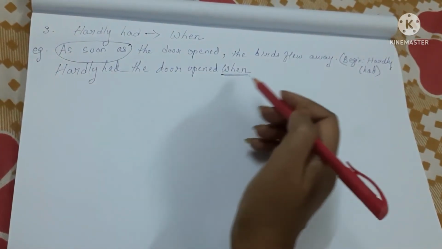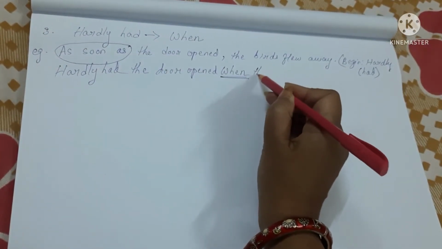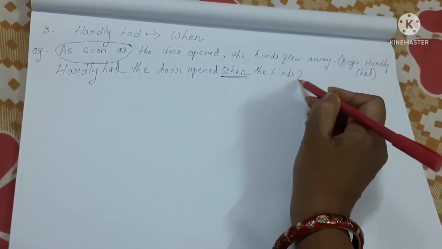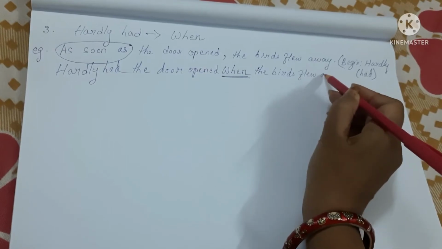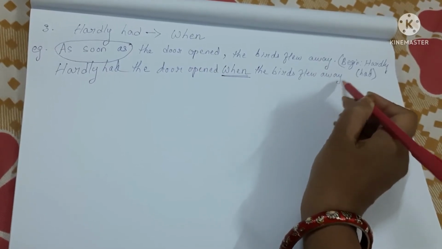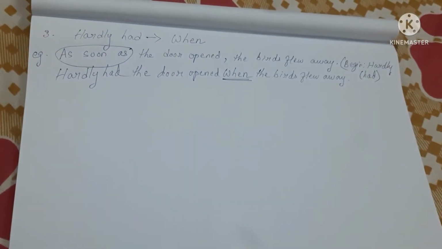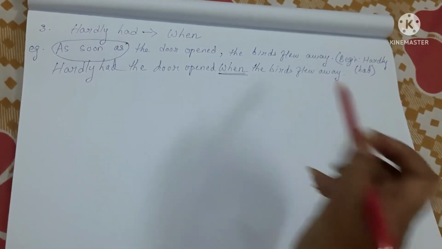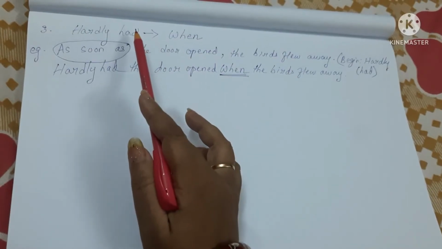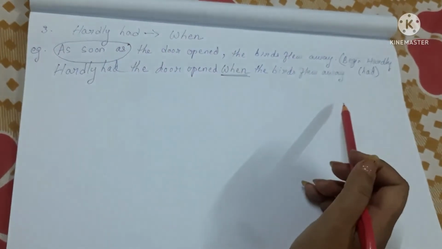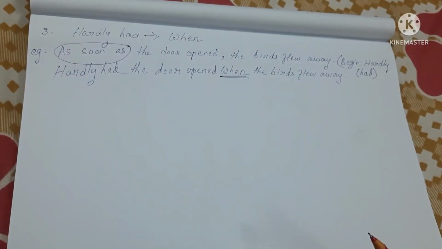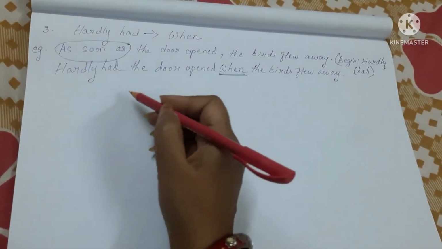Hardly had the door opened when, and now just copy the rest: the birds flew away. All that you have to remember is hardly will follow had, and in place of the comma you have to use when.